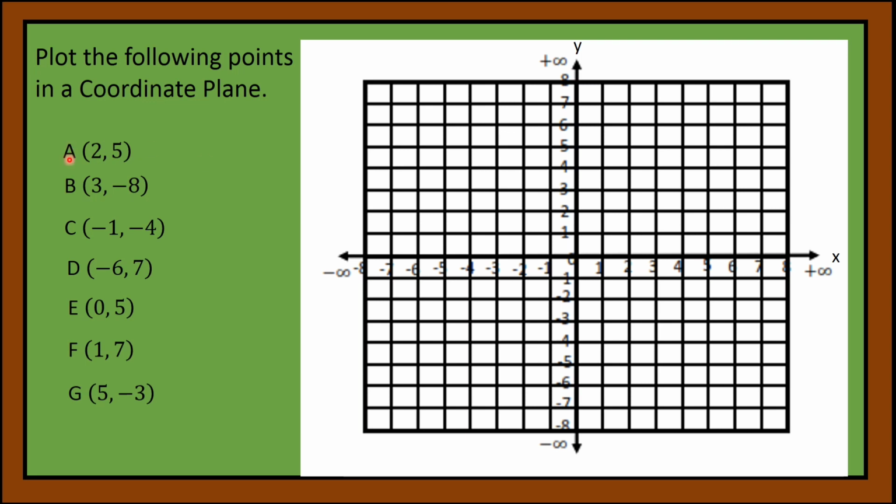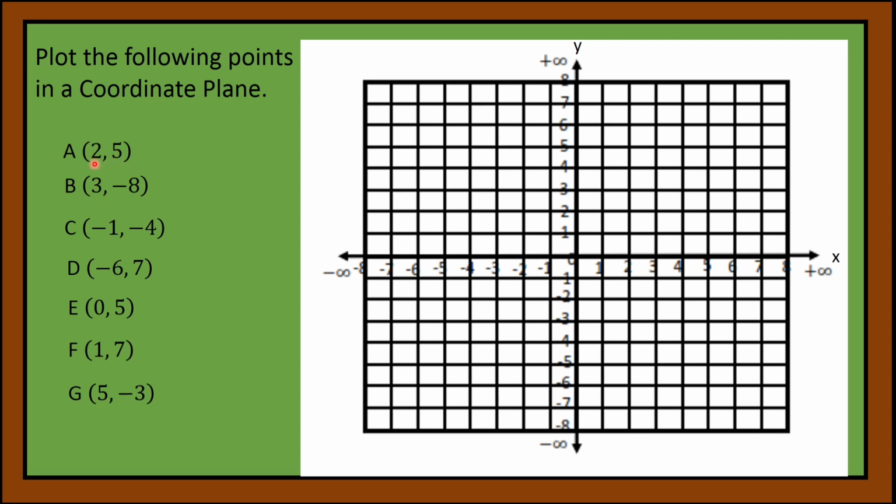We have first point A with the ordered pair 2, 5. What is the value of x? Our x is 2 and our y is positive 5.